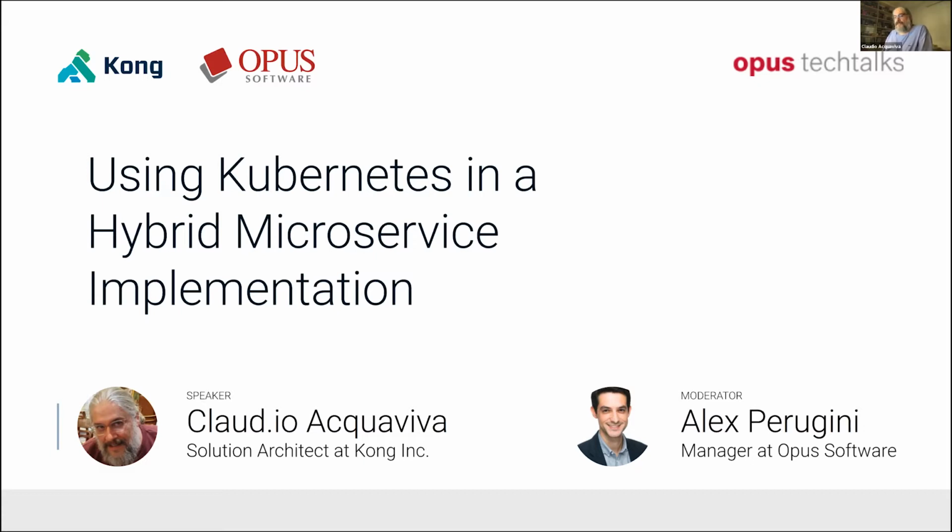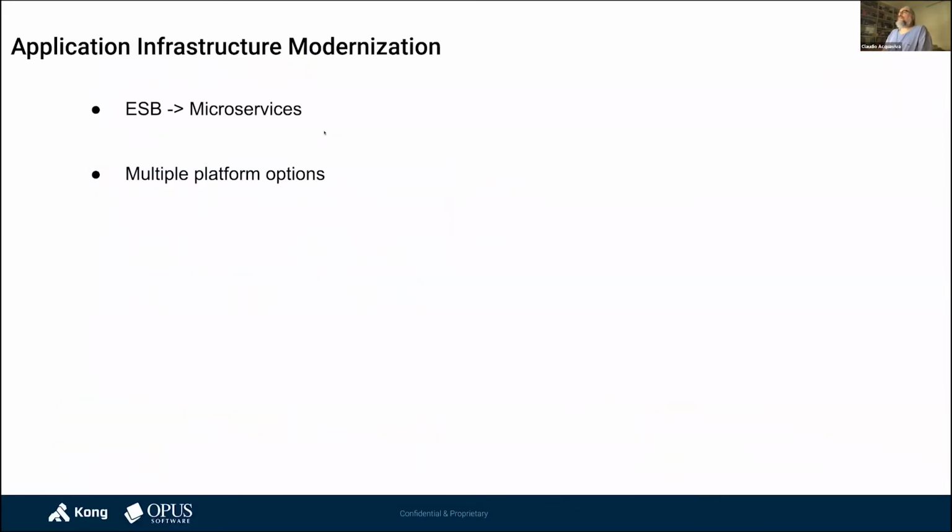Of course, there are so many perspectives when talking about a process like this, but today I'd like to focus on two of them. The ESB to microservice migration process itself, and the multiple platform options you're going to face in the marketplace right now, where Kubernetes is just one available today.